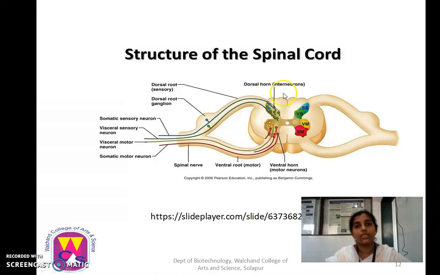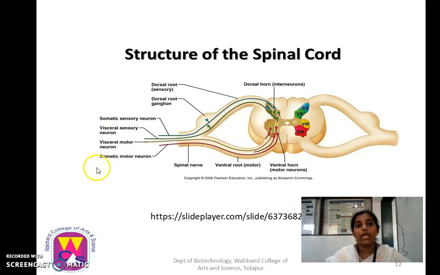In the central nervous system, with the help of an interneuron, the information is processed and converted into a signal, and that signal is carried by the motor neurons again to the organ. So these two neurons are involved in controlling movement.